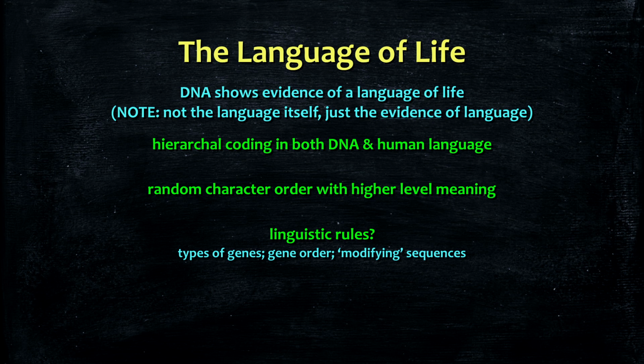And then there are linguistic rules that tell us how we should combine the words into, for example, a sentence. So we need a noun, we need a verb, we've got to have at least those two. And the rules in English tell us what order they should be in. And if you're going to modify the noun, you throw in an adjective, and there are rules on whether you put it in front of or after the noun.